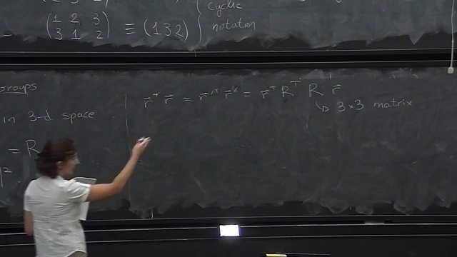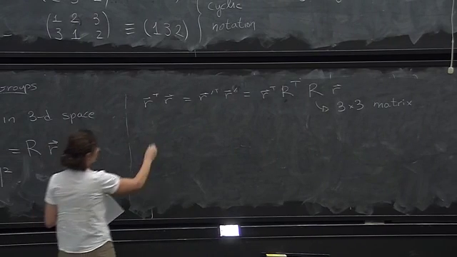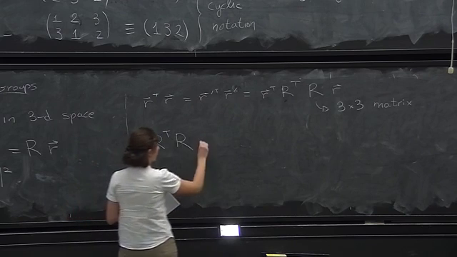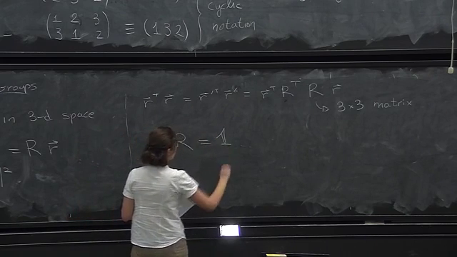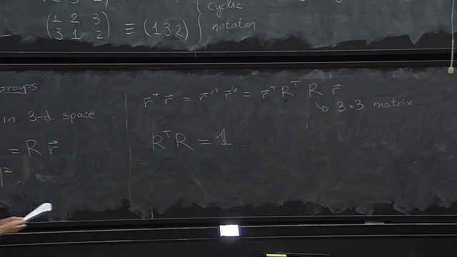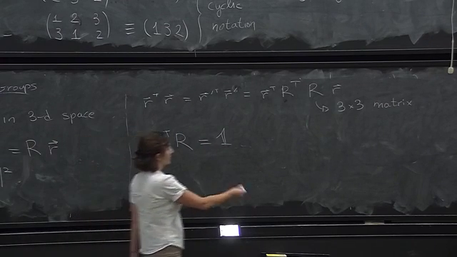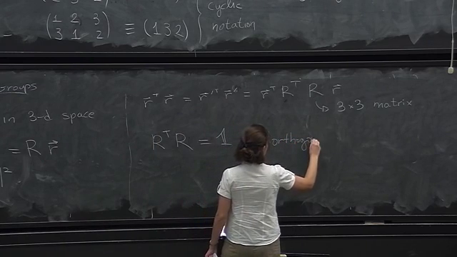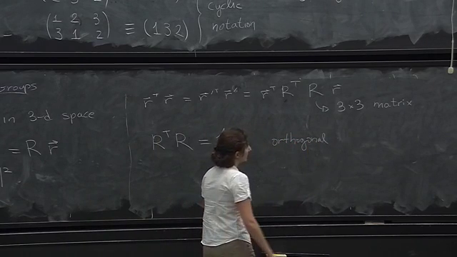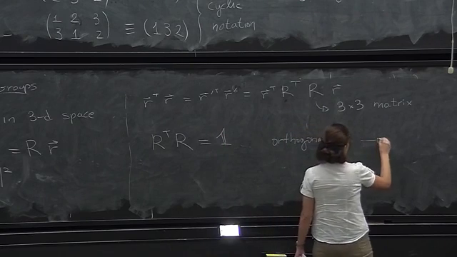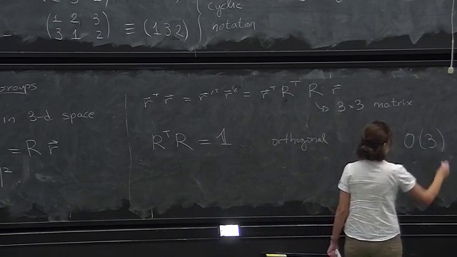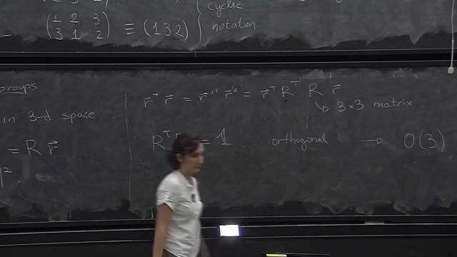So in order for R to belong to the rotation group, R transpose times R should be equal to the identity matrix. In other words, R has to be a 3 by 3 orthogonal matrix. And this gives us the orthogonal group in 3 dimensions, O3.